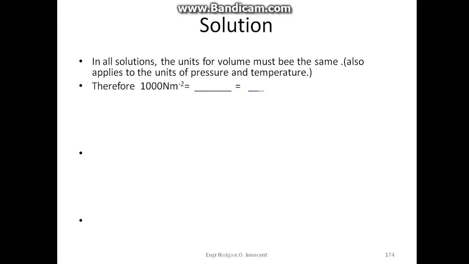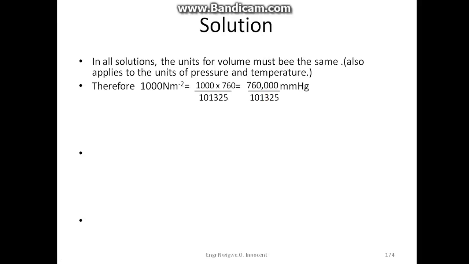Therefore, 1,000 Newton per meter squared equals 1,000 times 760 divided by 101,325, which gives us 760,000 over 101,325 mm of mercury.